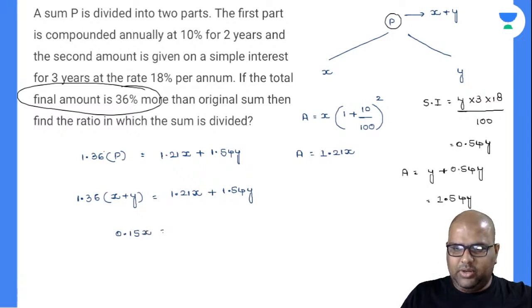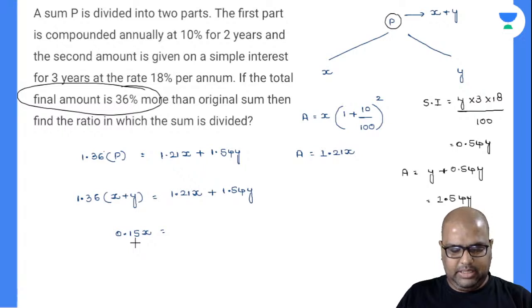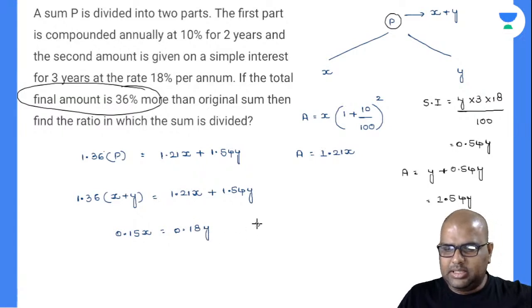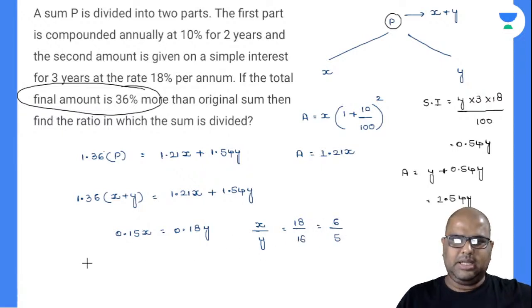This y I'll take to the right hand side. 1.54 minus 1.36 is equal to 0.18y. So finally, x divided by y is equal to 18 by 15, which is 6 by 5. Is this your answer?